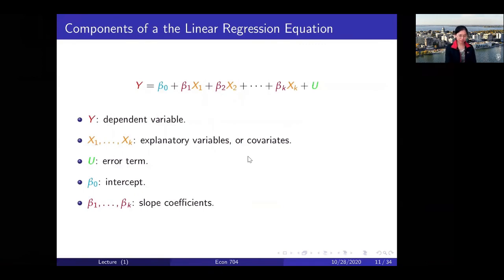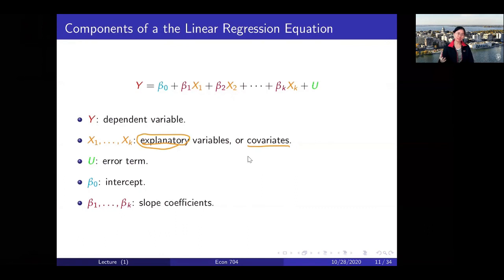So let me first define these quantities in more detail. This y is typically called the dependent variable. That's the outcome that you're interested in. And the x variables are called explanatory variables, or sometimes covariates, or right-hand side variables.